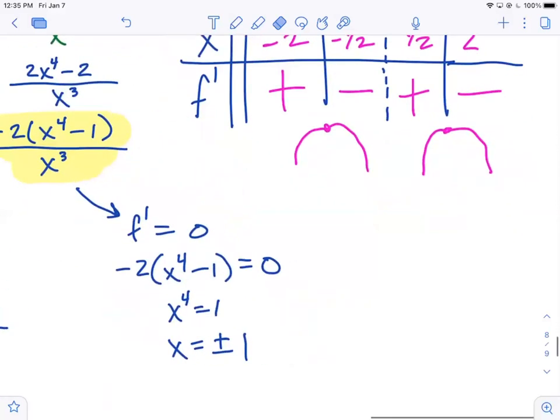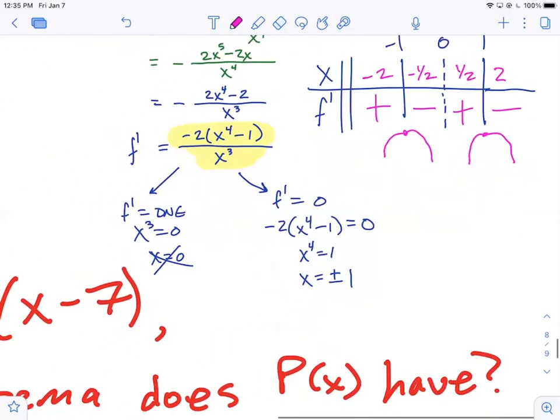So really this function only has 2 local extrema. All right. So we would say then, and you can group these together. F has local maxes at, and it said the X value, at X equals, we could say plus or minus 1.